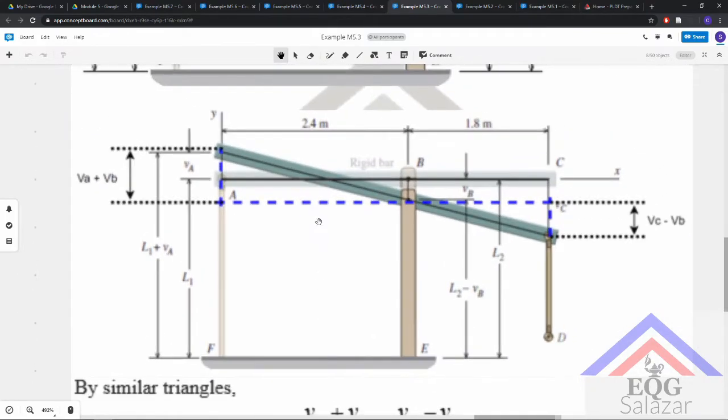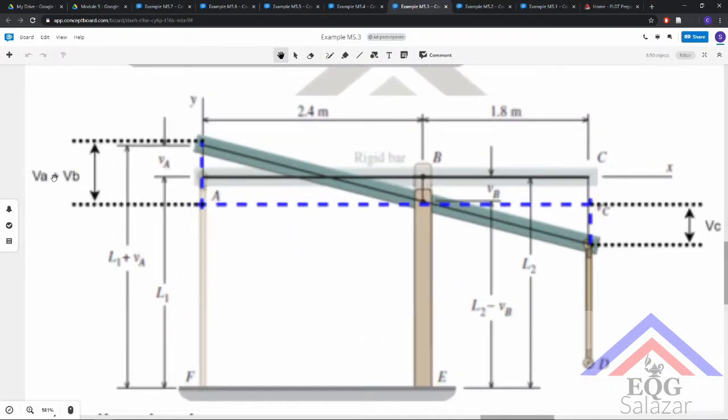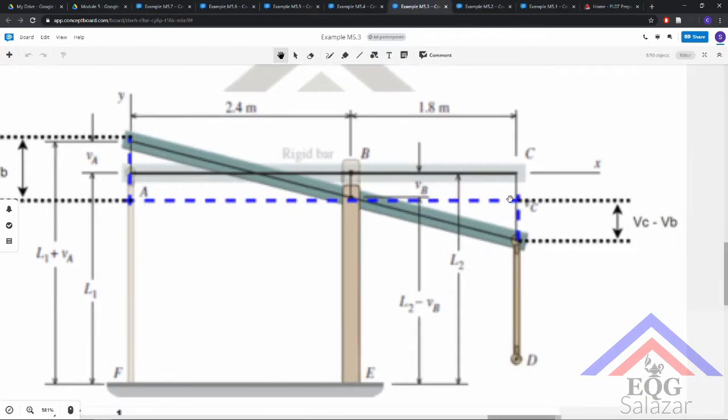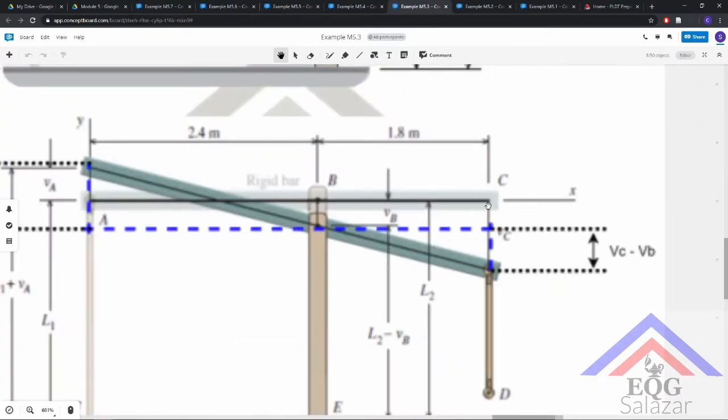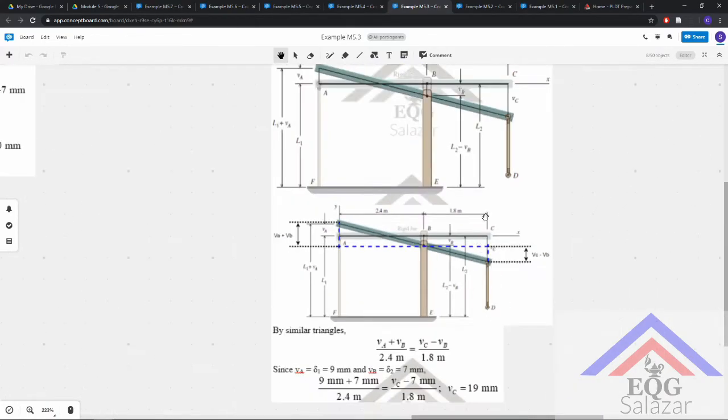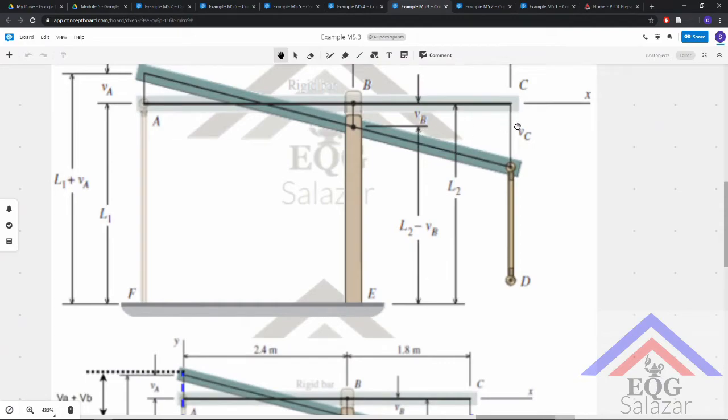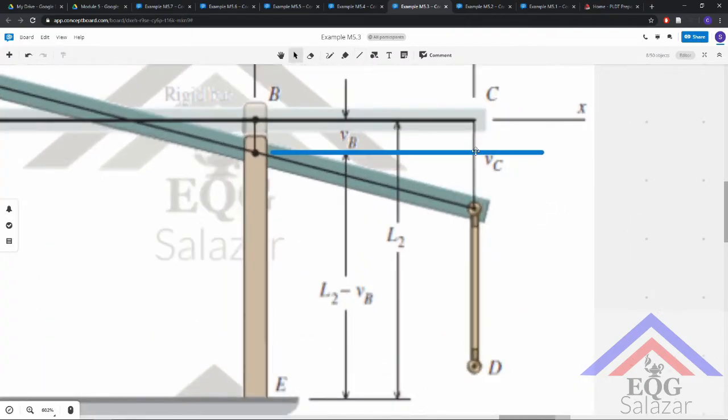By similar triangles, VA plus VB over 2.4 is equal to VC minus VB over 1.8, because this is VC and this is VB. Let me draw that out. From this deformation diagram, this length right here is VC minus VB.